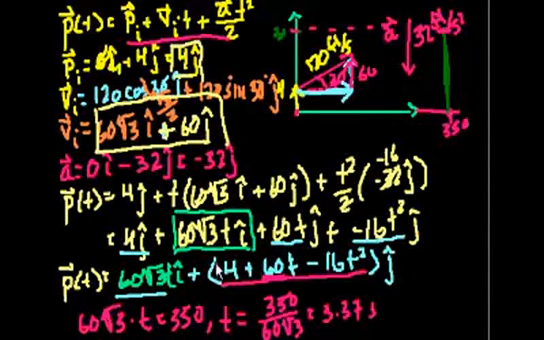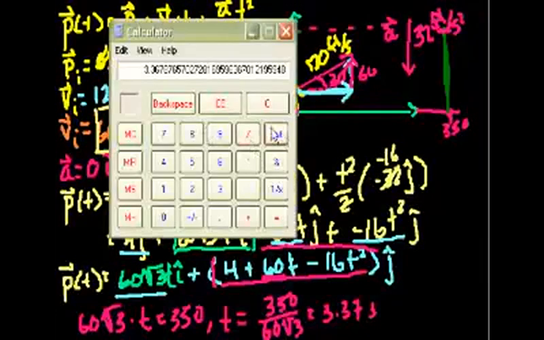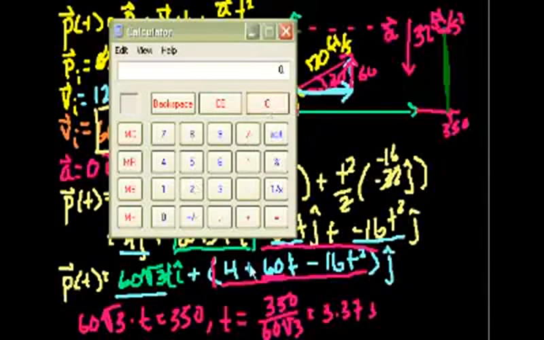Well, we can figure that out by using the y component of our position vector. So let me clear this. Let me do each of the terms separately. Let me do this hard term first: 16 times 3.37 squared.